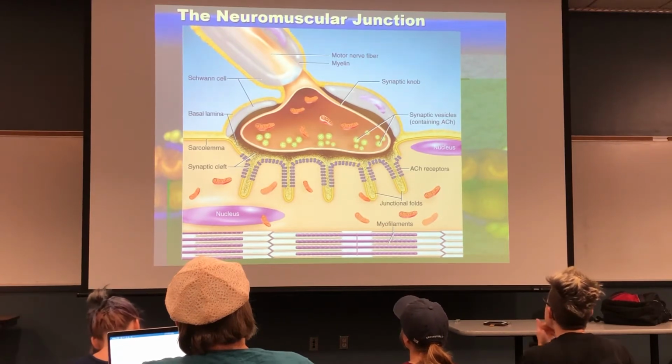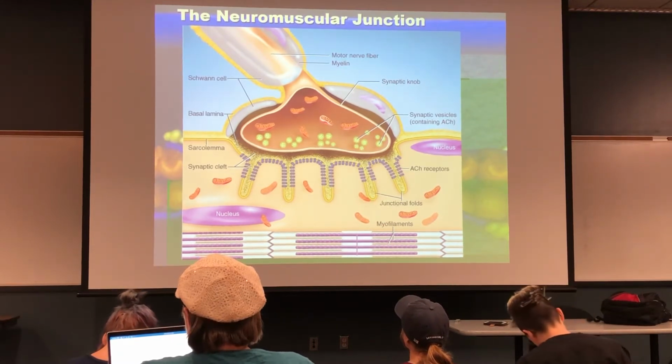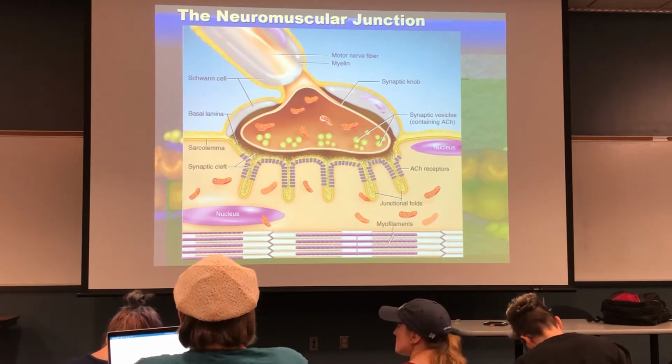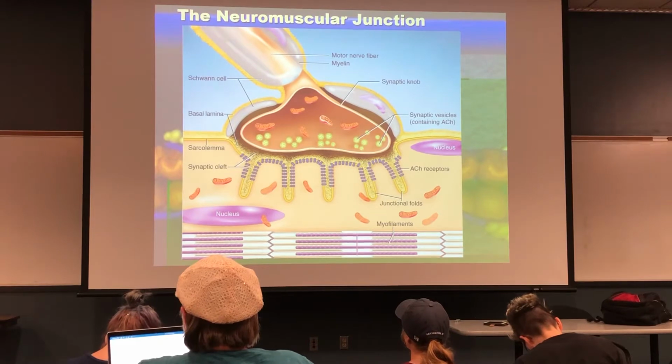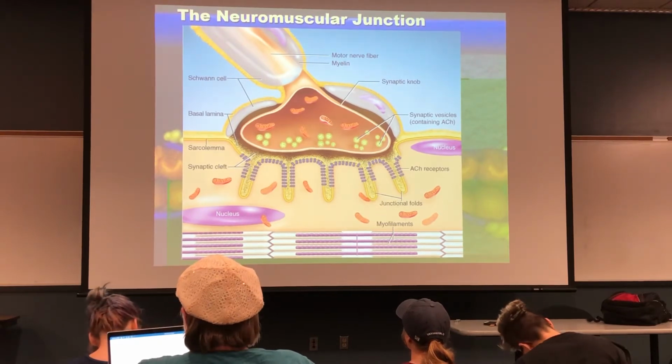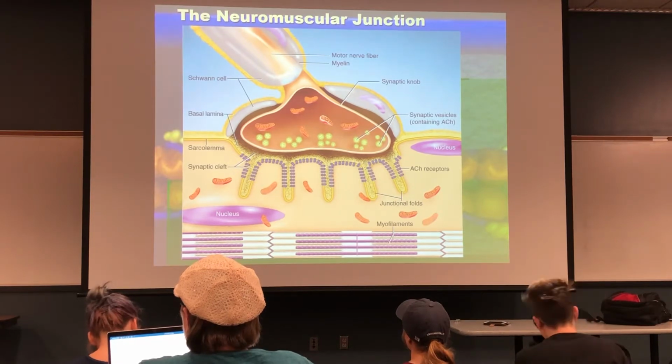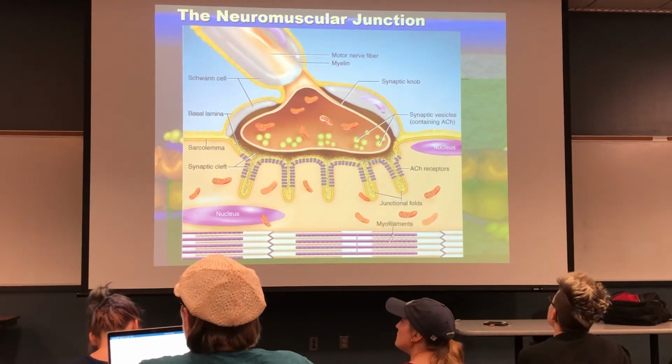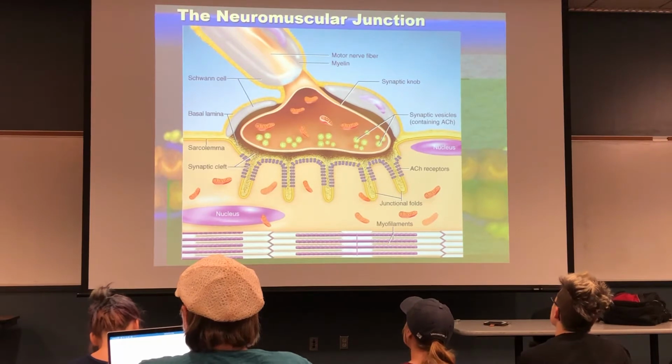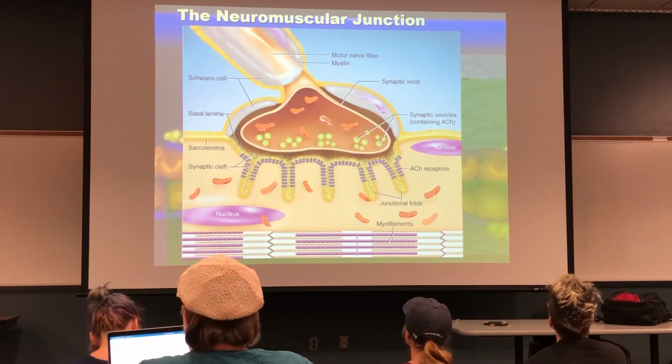And down below here, within the sarcoplasm, we see some bundles of proteins. We call those myofilaments. And you can see a Z disc and a Z disc. You can see an A band and an I band, a dark band and a light band. So everything that we see here is something that we've talked about.